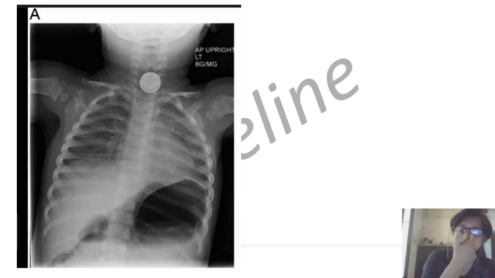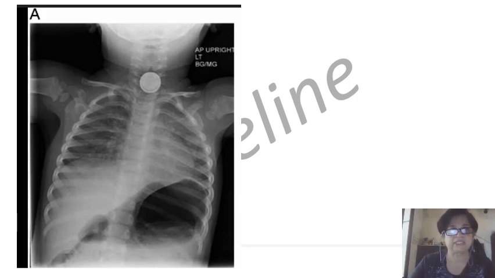There are only two hollow passages there, the trachea or the esophagus. Both of them will be lying like this only on an AP or a PA view. There's no doubt. Is there some method of finding out where exactly they are?